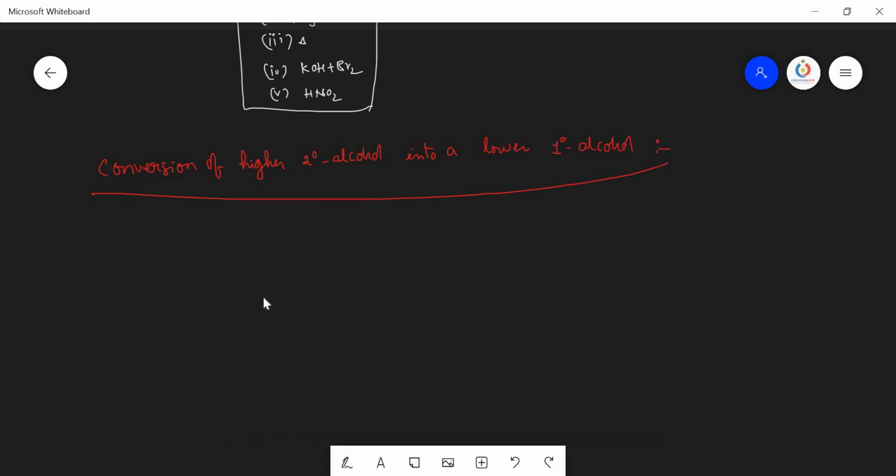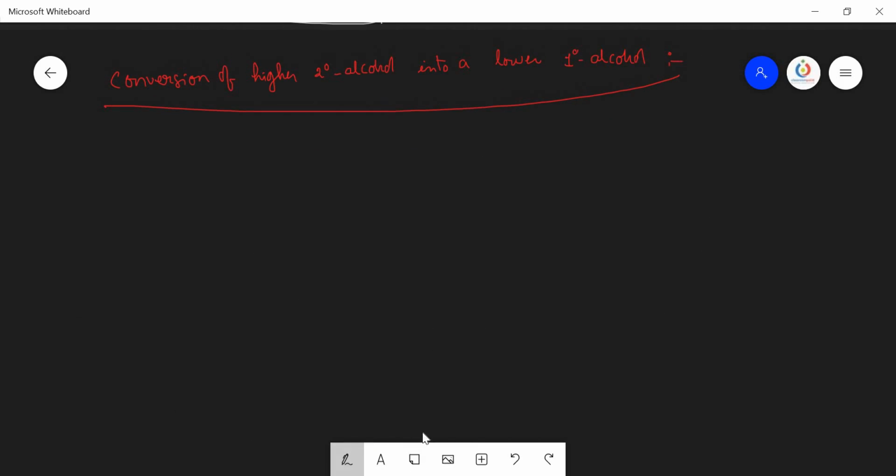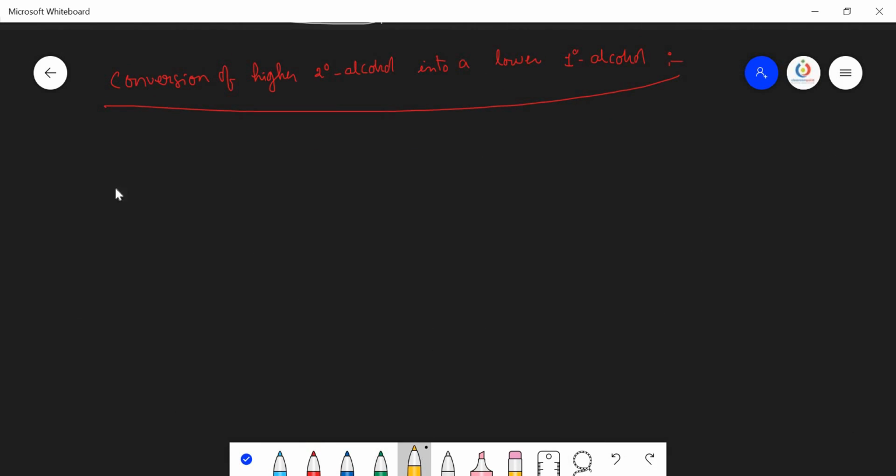Okay, let us take one example. I'll take just a normal example, a secondary alcohol: CH3CH2CH(OH)CH3. This is a secondary alcohol.